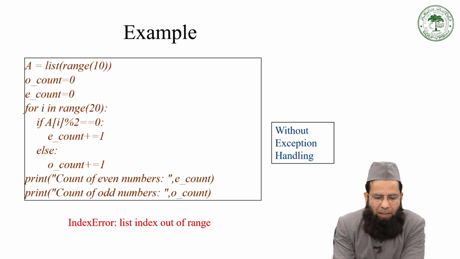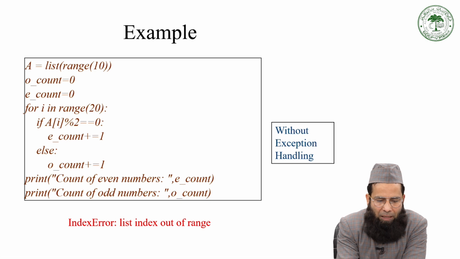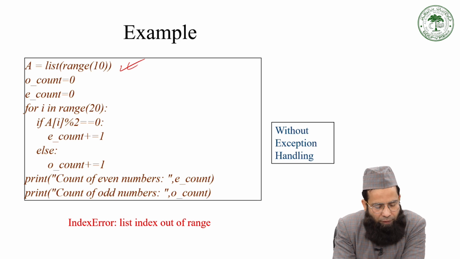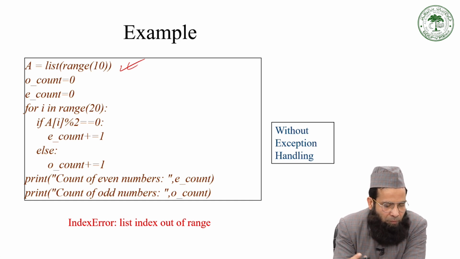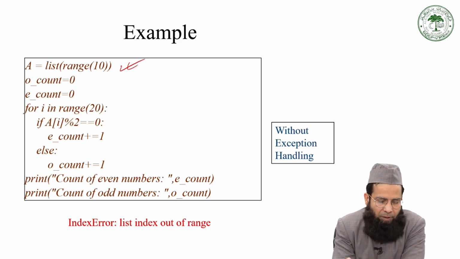Here is an example again that I have already tried to show you. I have created a list here having values from 0 to 9, and I'm trying to find the count of even numbers and odd numbers.